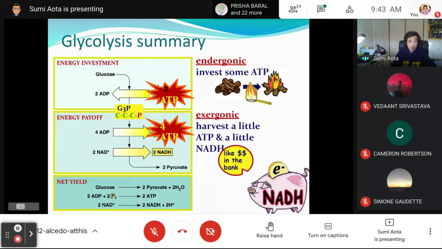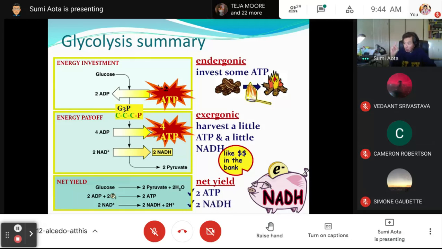So in net, 1 glucose becomes 2 pyruvates and 2 water. 2 ADP plus 2 phosphates become 2 ATP, and 2 NAD pluses become 2 NADHs. So the net yield is 2 ATP and 2 NADH.